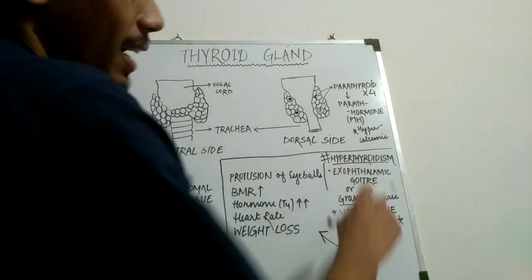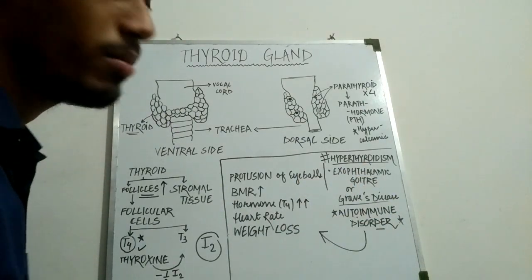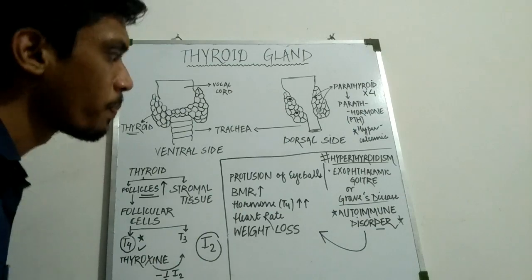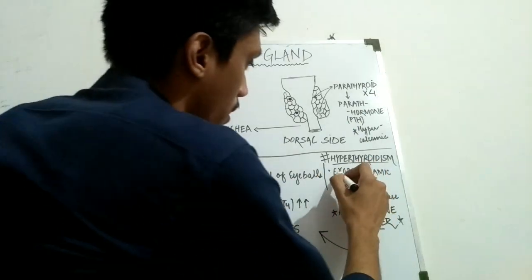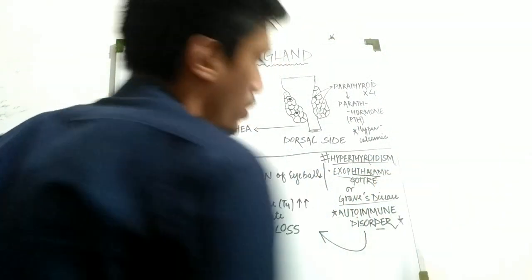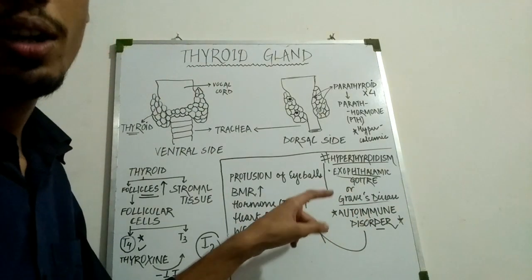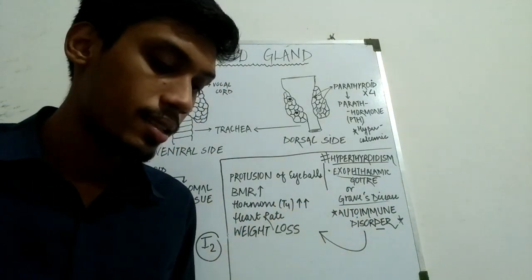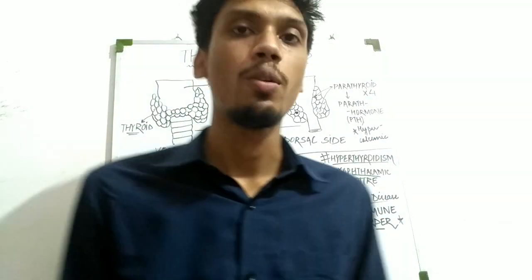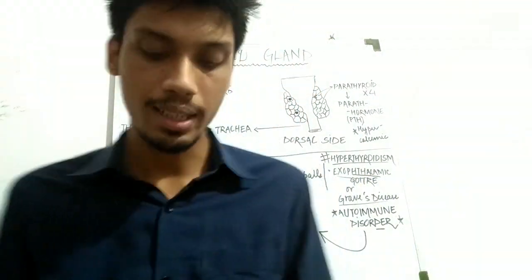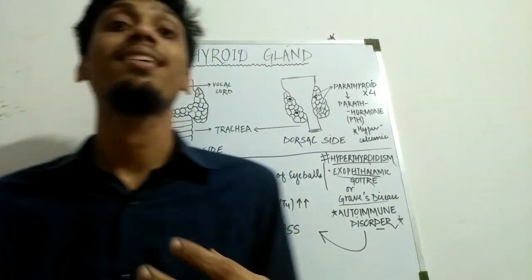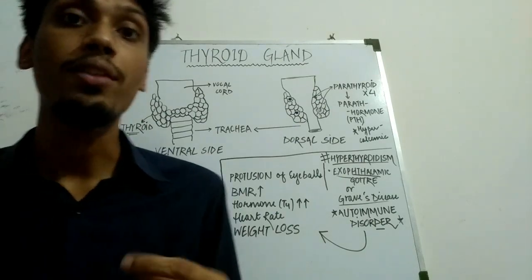So exophthalmic goiter, let me explain the name and everything will be simple as well. It is called exophthalmic because it triggers a process which is physically evident, and that is protrusion of the eyeballs.